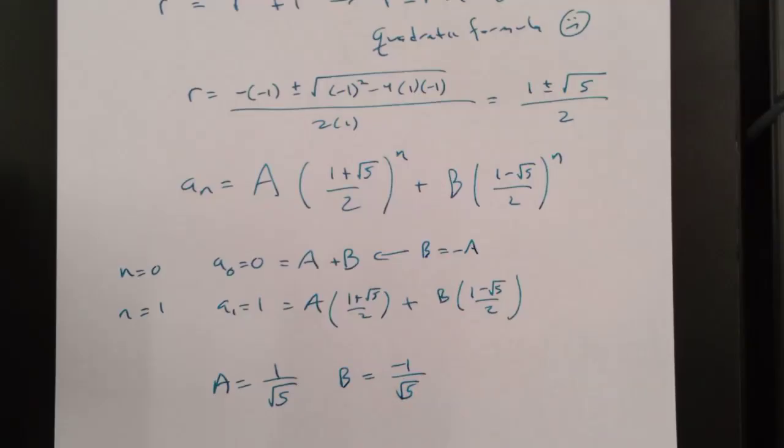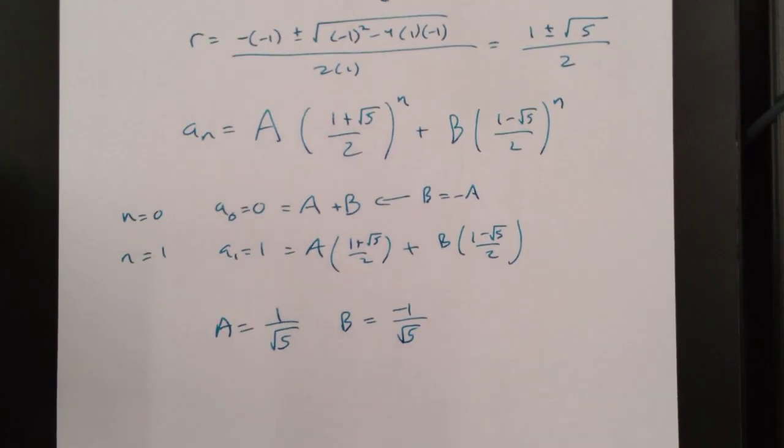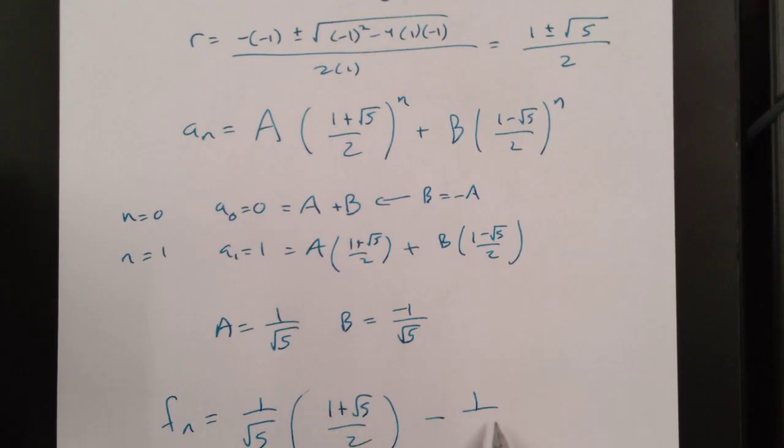Which means I just came up with an amazing formula. Fn is equal to 1 over the square root of 5 times 1 plus root 5 over 2 minus 1 over root 5, 1 plus root 5, sorry, 1 minus root 5 over 2.